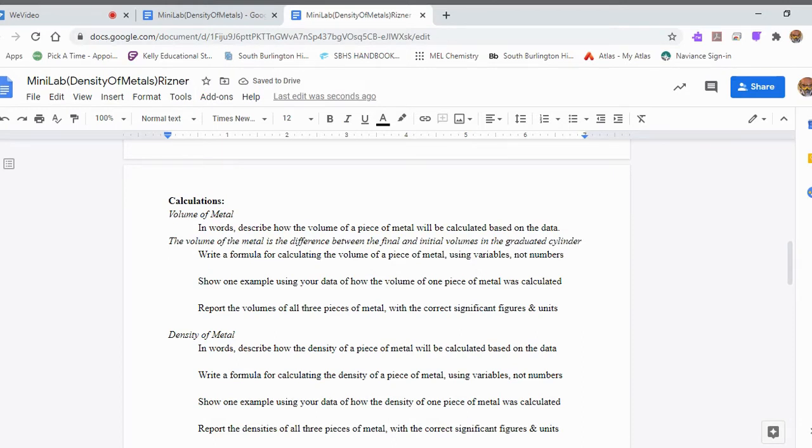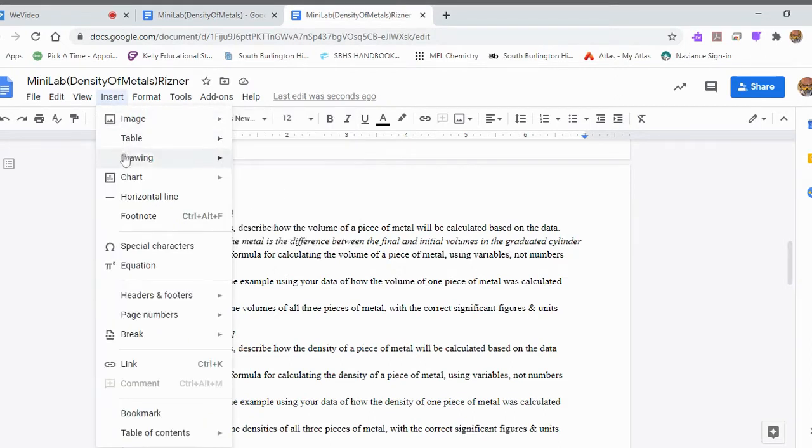Next, to write a formula, you would have variables, but not numbers. You can use the insert equation function if you're going to do this electronically, or you could write this out on paper if you're going to take a photograph and submit it.